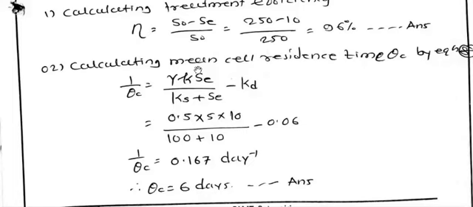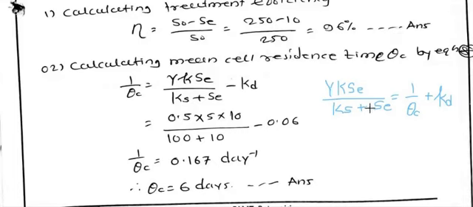But where is the formula in the notes? The formula which we wrote in our notes is Y k Se upon Ks plus Se equals 1 upon theta c plus kd.